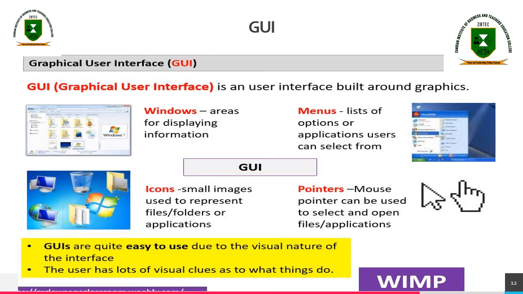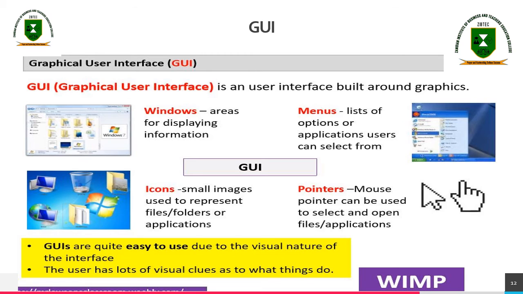If you look at any device with an operating system installed on it, you should be able to see some of the folders or the shortcut pictures, small pictures. Those pictures we refer to as icons, that represent files, folders, or other applications. We also have pointers. A mouse pointer can be used to select and open files and applications.